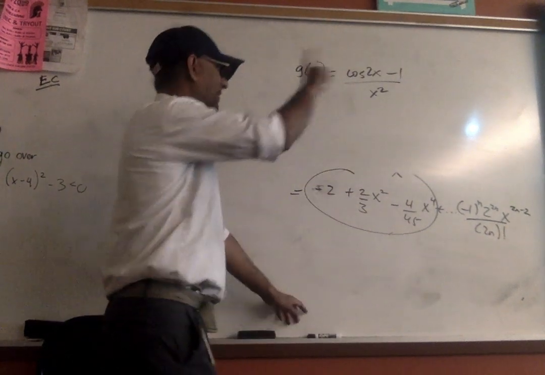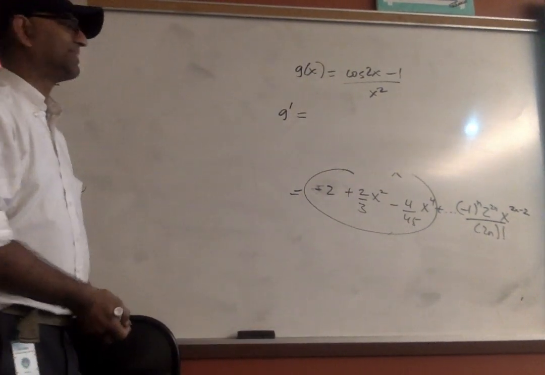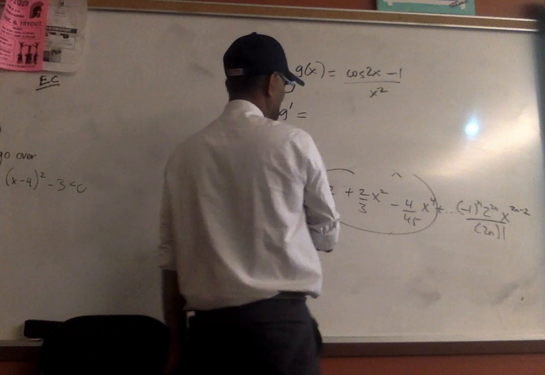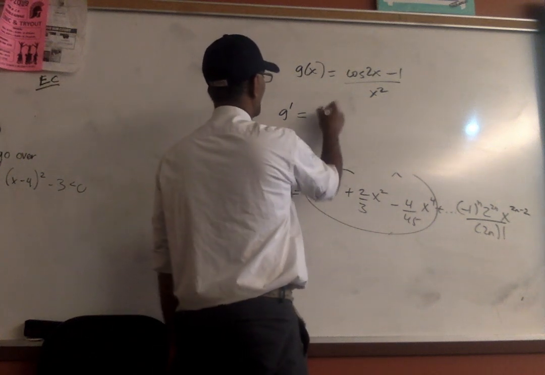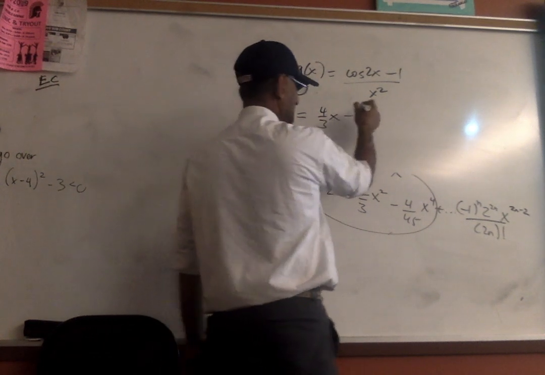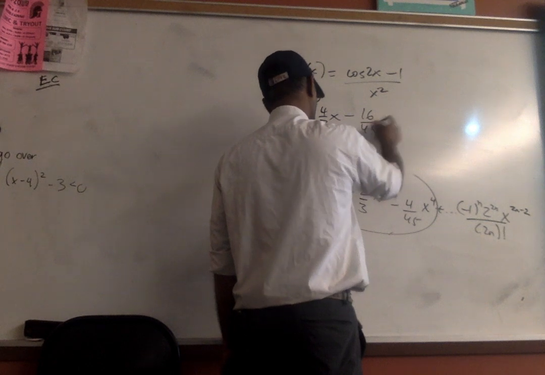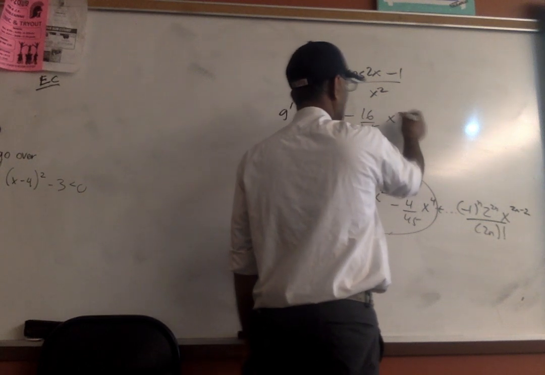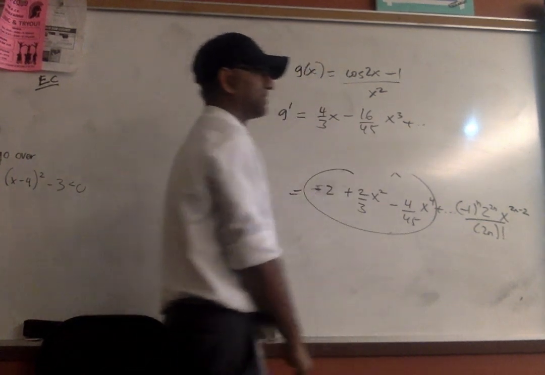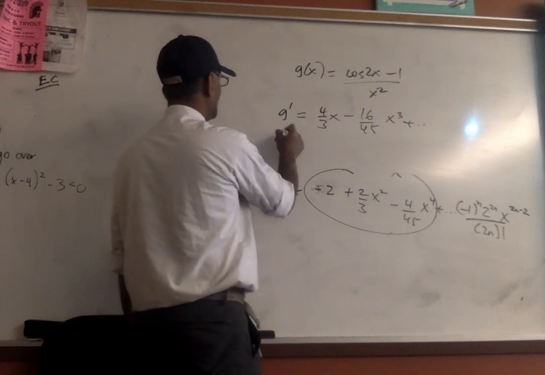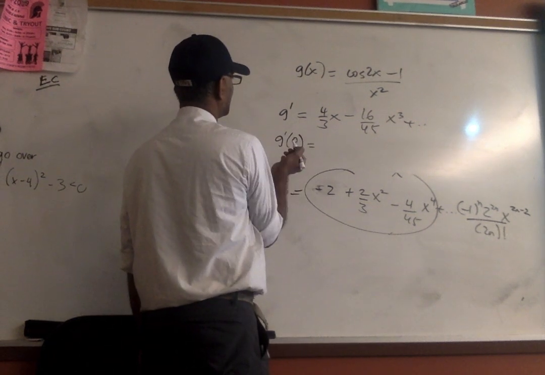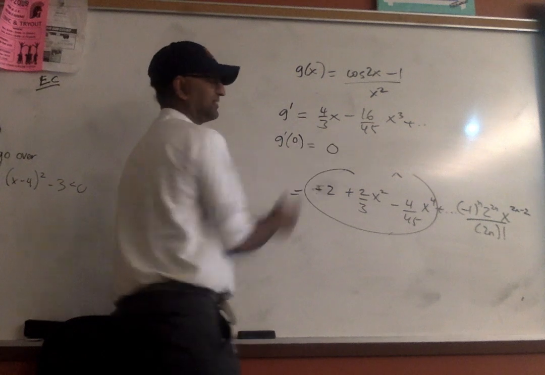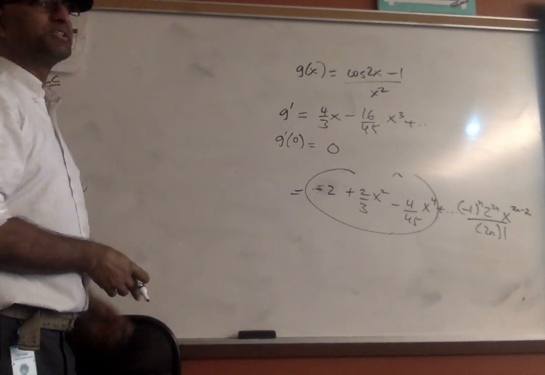Trying to do second derivative on that, I'm just going to deal with this guy. So G dash is 4 over 3 x minus 16 over 45 x to the power of 3 plus dot dot dot. And therefore G dash of 0 is 0. Is that clear?